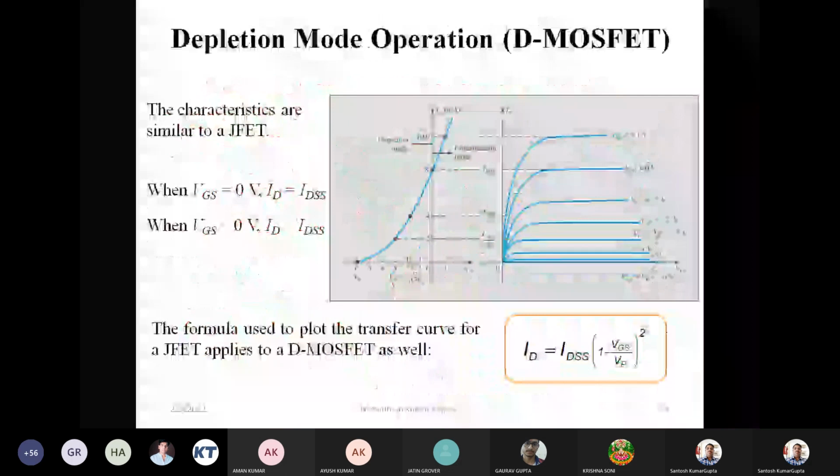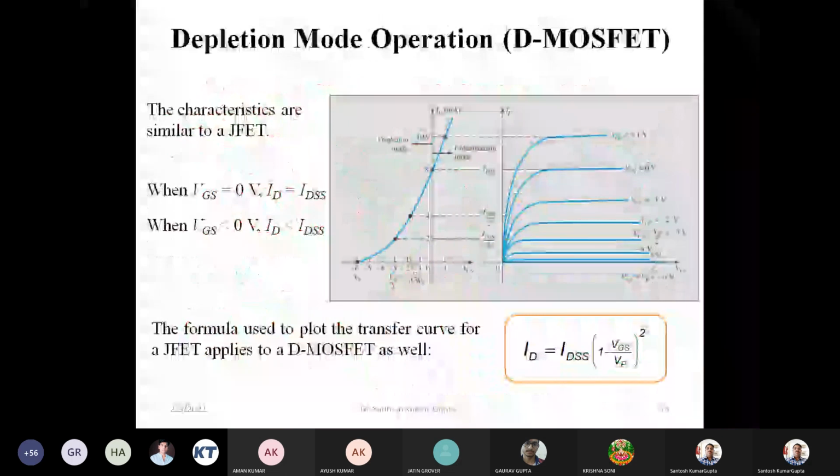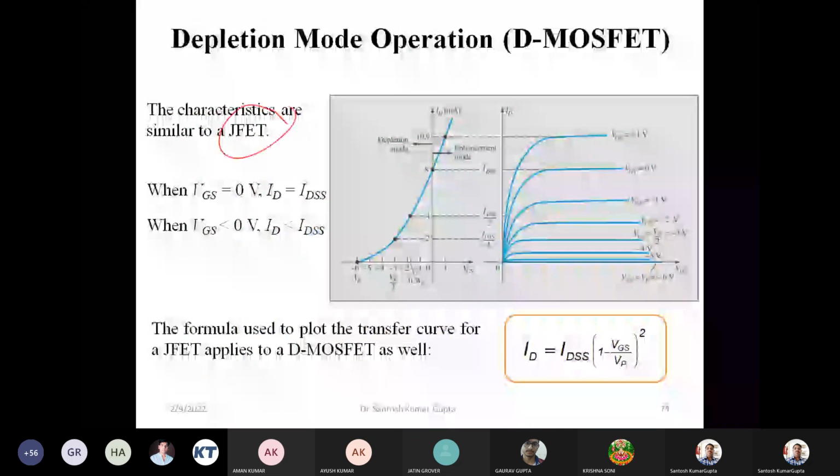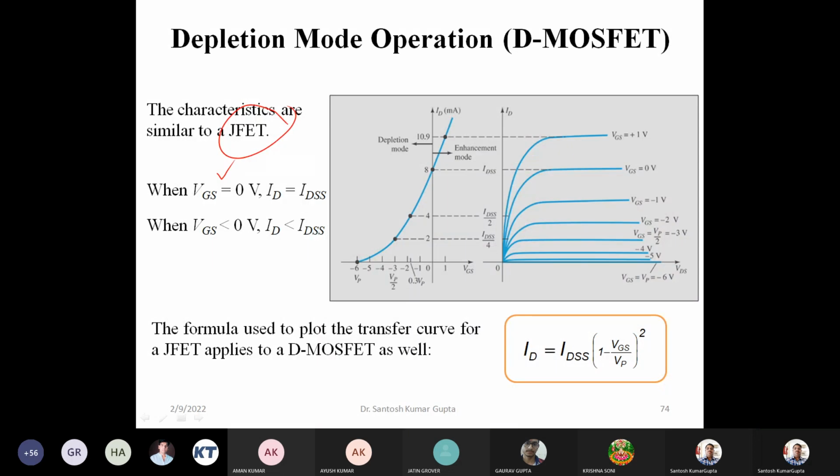For this depletion type of MOSFET, we can see that it works almost similar to the JFET. So for VGS equal to 0, we have ID almost equal to IDSS, the maximum, nominal current.